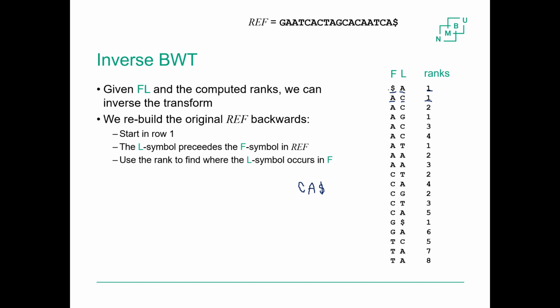So we go back to the F column and look up C number 1. Here it is. This is preceded by a T. And this T has rank number 2. And then we go into the F column again and look up T number 2. There it is. This is preceded by an A.